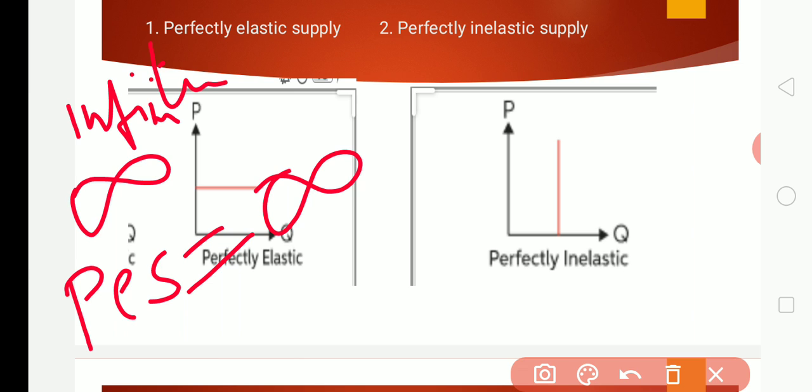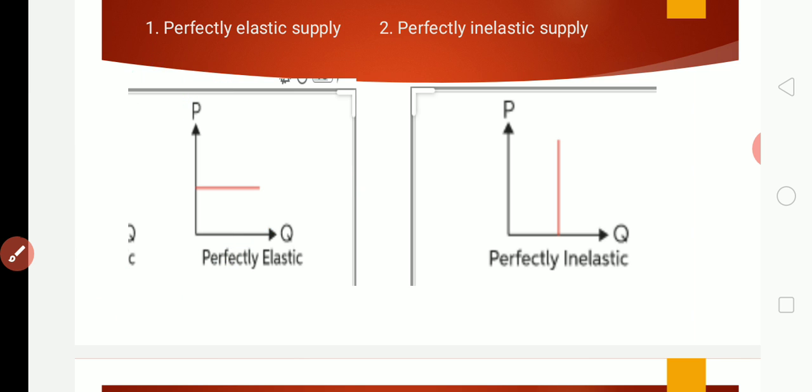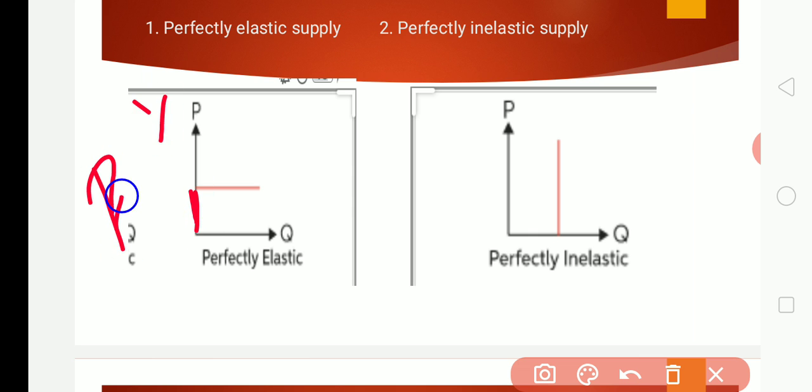Why are we calling it infinite? A small change in price, with the OY axis indicating the price, always remember that, and the OX axis indicating the quantity supplied, brings an infinite change in the quantity of supply. So in this case the supply curve takes the form of a horizontal line towards the OX axis.